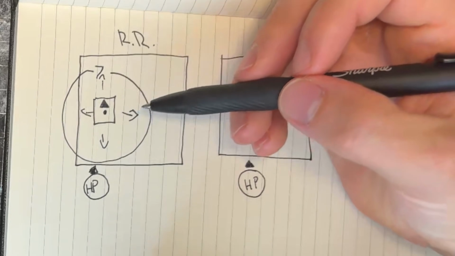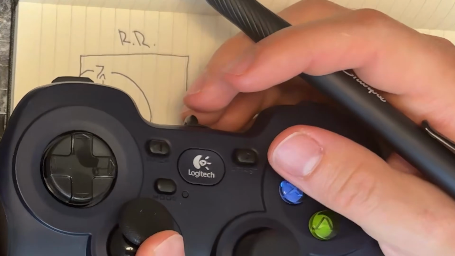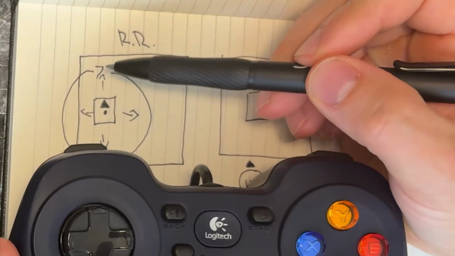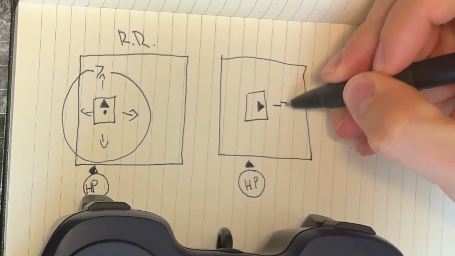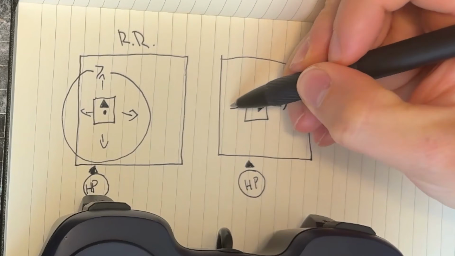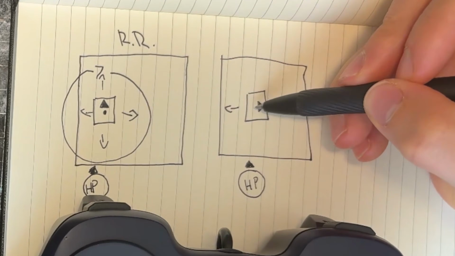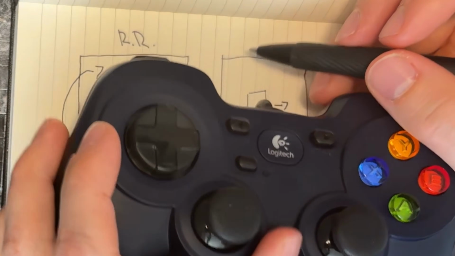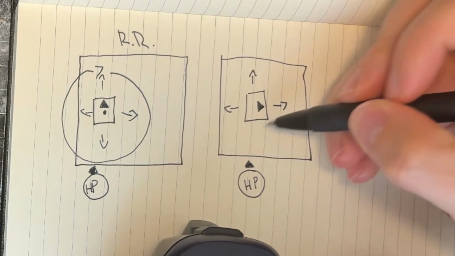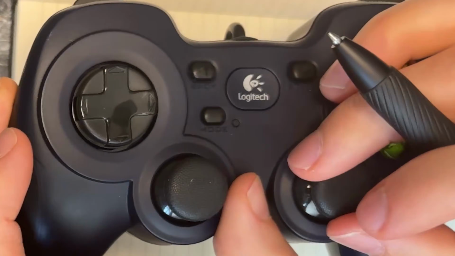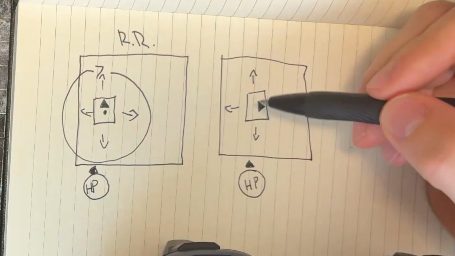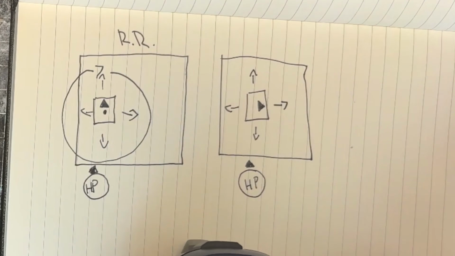Over here, when we press forward, the robot follows its forward position. Here, when we press forward again, this is now the forward direction, and this is now the reverse direction. And so on and so forth, strafing left and right. This would be strafe left, and this would be strafe right, because it is the left side of the robot. The rotation still works as we would expect, and that's not really going to change.